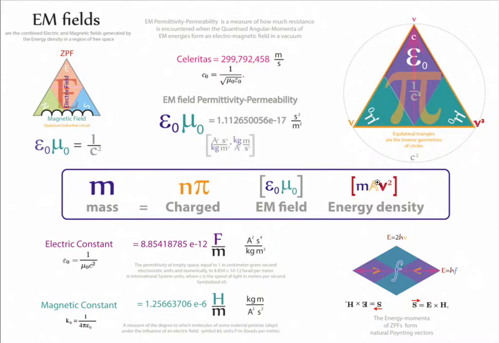Of course, the energy of the field, by the electric permittivity and the permeability, gives us the charge, and it also gives us a measure of mass, with n pi just being reflective of the squared number of quanta within that scalar field. Of course, this picture again shows us various mathematical formulations, all re-expressed in terms of equilateral mass energy geometries.